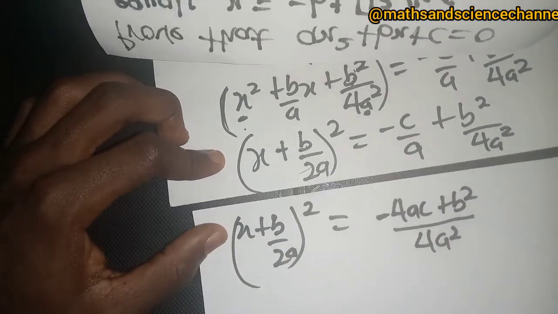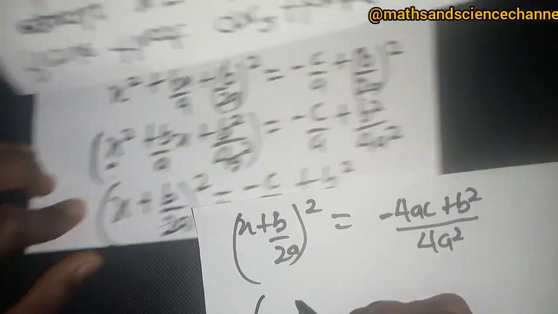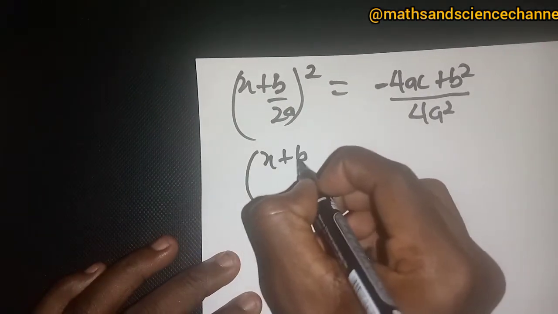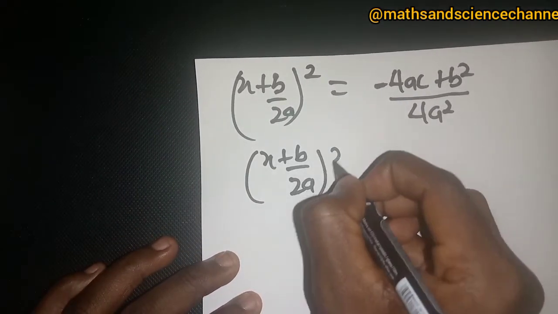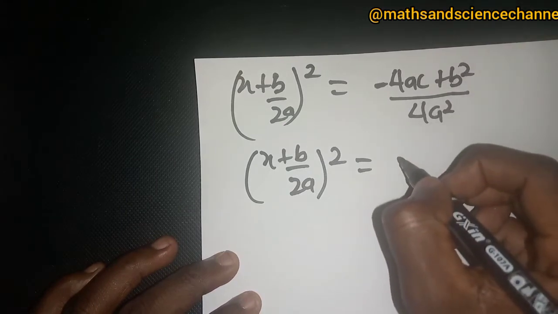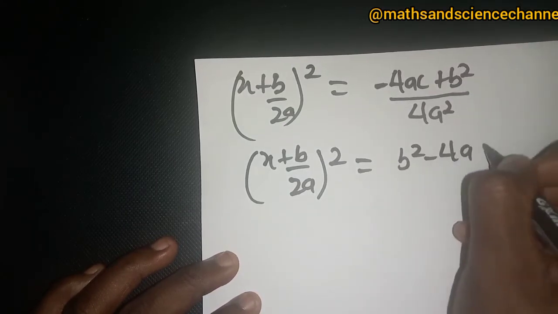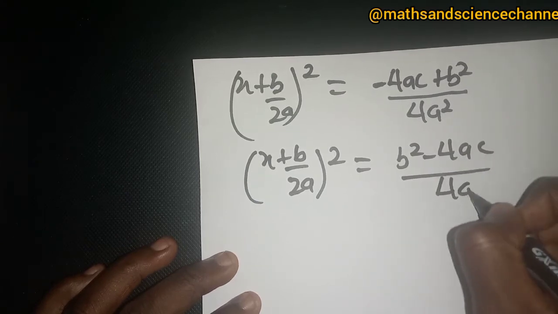So let's continue here. We have x plus b over 2a squared being equal to b squared minus 4ac all over 4a squared.